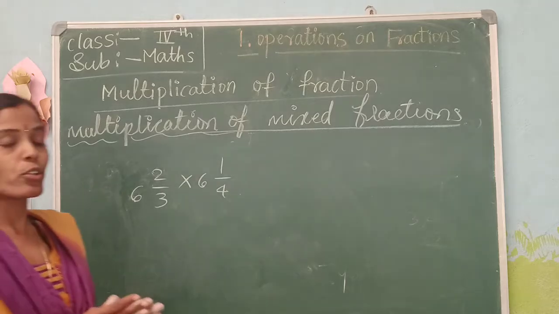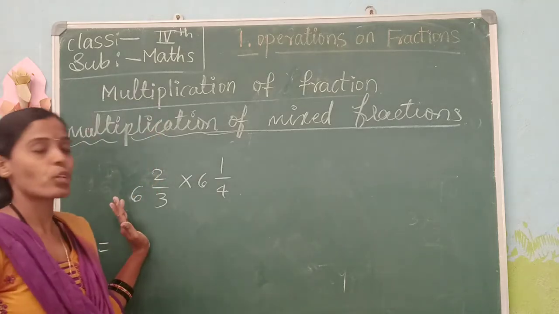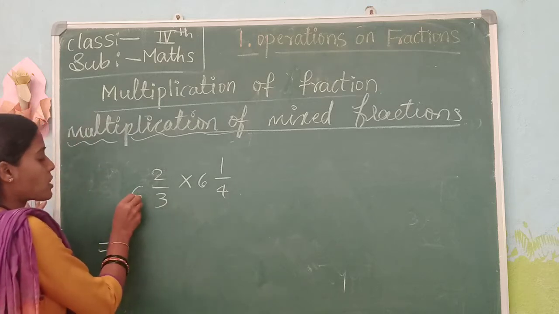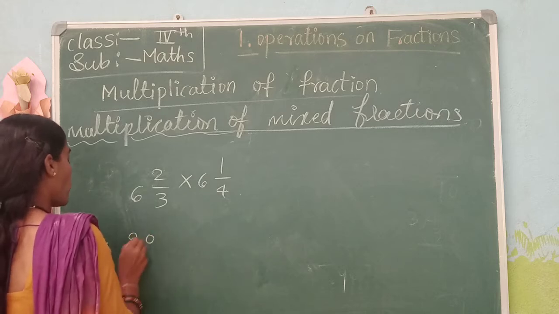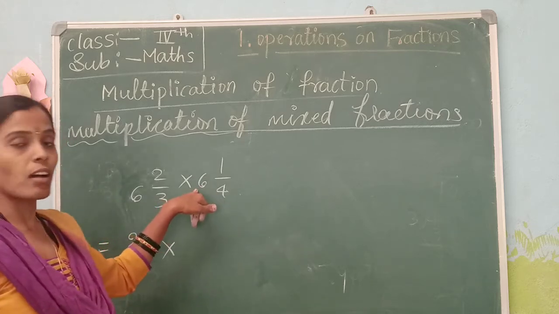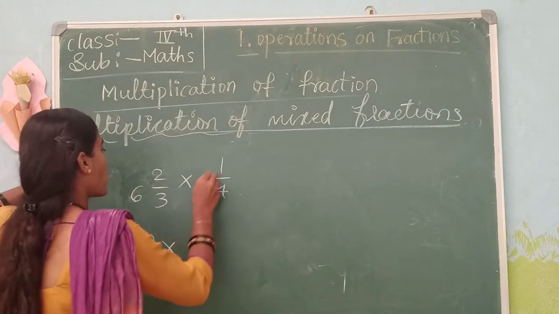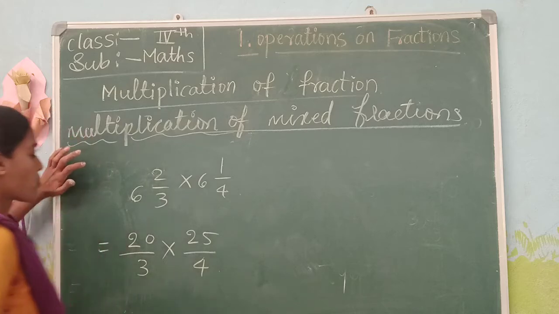Firstly, what do we do? We convert the mixed fractions into improper fractions. 3 6s are 18, 18 plus 2 is 20, so 20 by 3. Into 4 6s are 24, 24 plus 1 is 25 by 4.